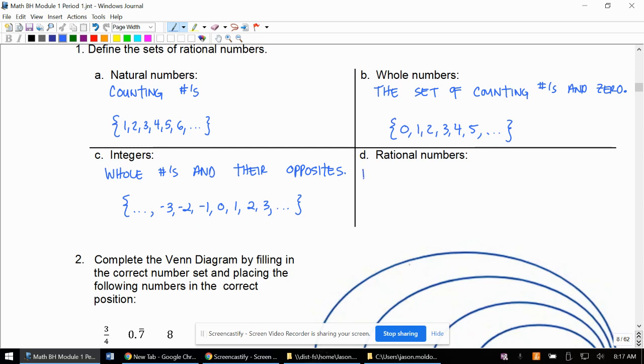And so this would be numbers that can be expressed as a ratio of two numbers, or I should say integers. And it does need to be integers.